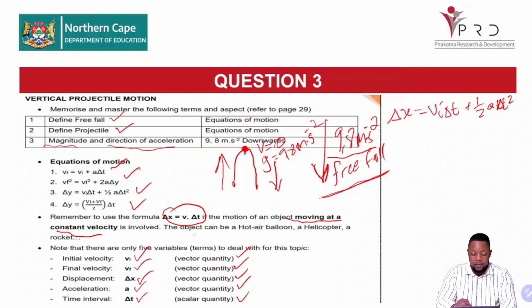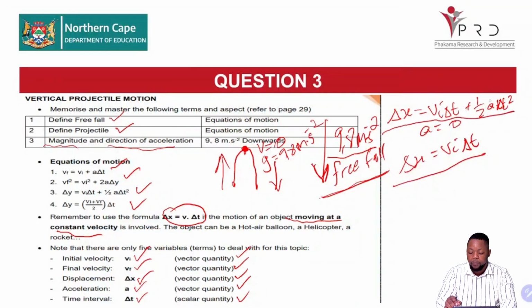But now, moving at a constant velocity means that the acceleration is 0. So if we substitute 0 there, we are left with delta x is equal to Vi delta t. So you can use this formula for constant velocity, or you can use it as it is, but remember to substitute the 0 if you are told that the object is moving at a constant velocity.